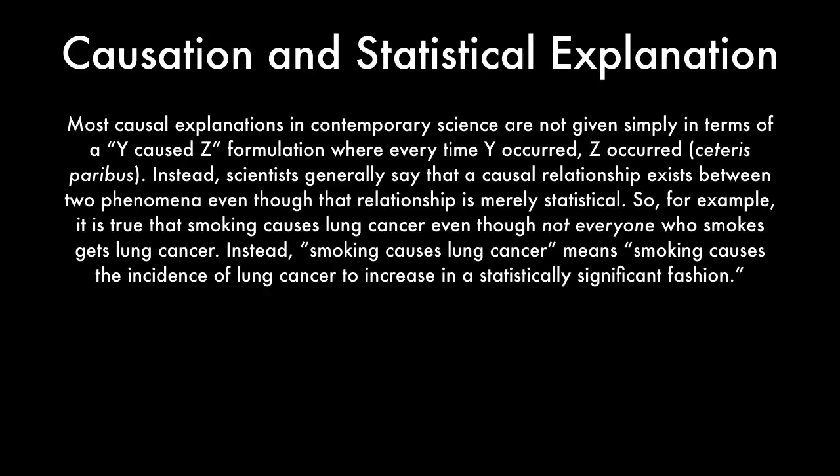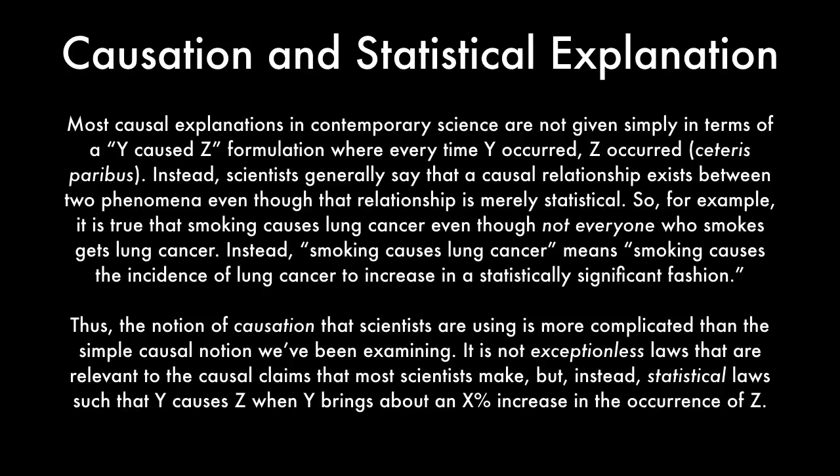This is just in fact the way that scientists use causation a lot of the time. So, for example, it is true that smoking causes lung cancer, even though not everyone who smokes gets lung cancer. So the fact that there are some people who smoke that don't get lung cancer doesn't mean that it's false that smoking causes lung cancer. Instead, smoking causes lung cancer means smoking causes the incidence of lung cancer to increase in a statistically significant fashion, Ceteris Paribus.